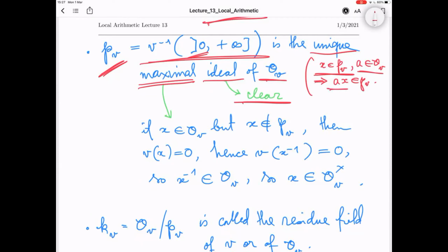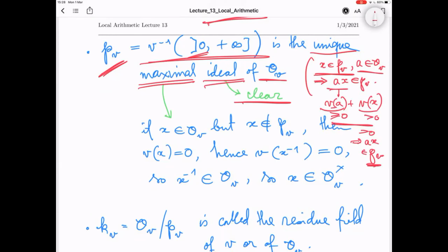Now the valuation of a x is the valuation of a plus the valuation of x. This is strictly positive and this is positive, so the sum has to be strictly positive. And therefore a x is in P V, and therefore P V is an ideal.